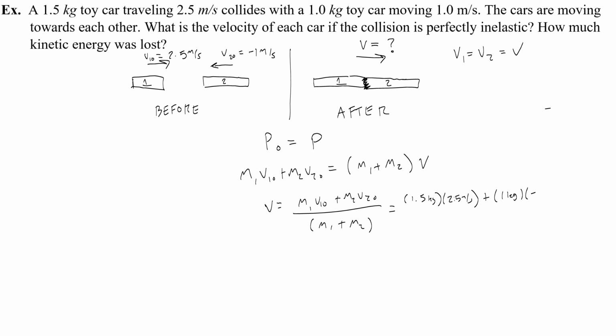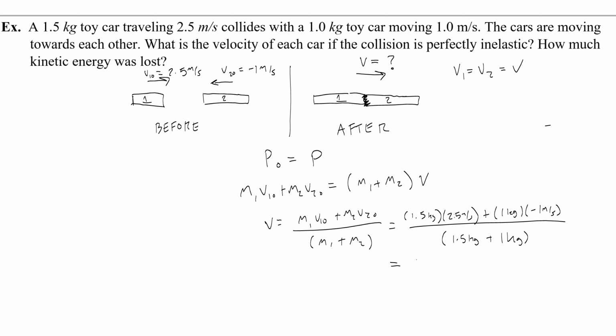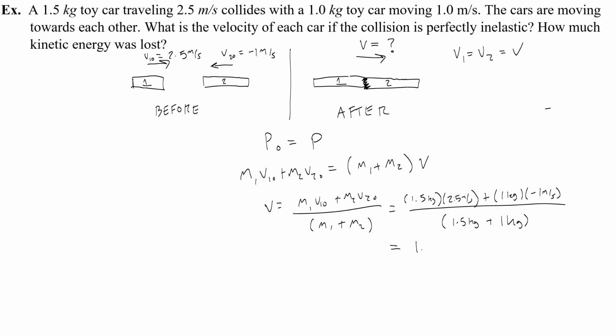And then you would need to make this a negative 1 meter per second because it's moving to the left. And when you divide this by the total mass, you'd have 1.5 kilograms plus 1. And this is going to give you a velocity of 1.1 meters per second. That would be positive to the right, the shared velocity of the two cars.